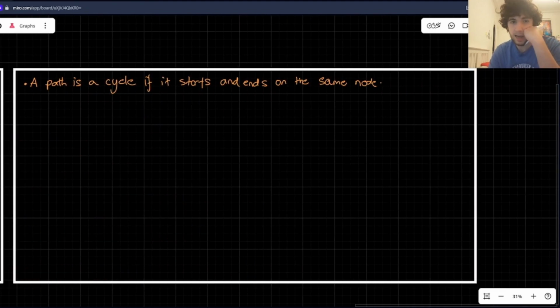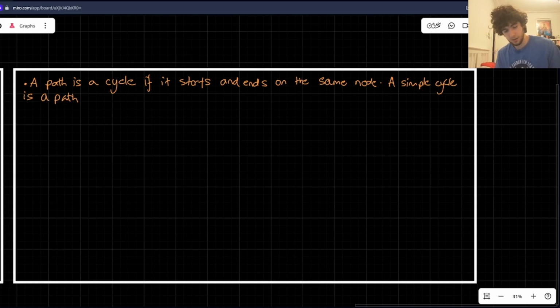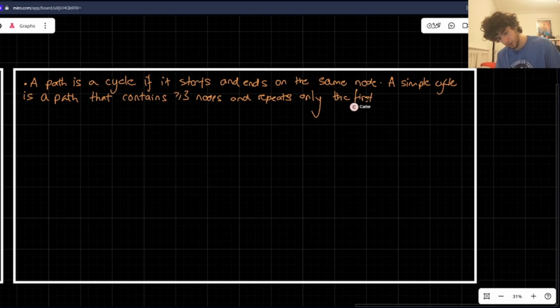And we can also define a simple cycle if we have effectively a cycle that contains a path that contains at least 3 nodes and repeats only the first and last one. So a simple cycle is effectively a path that contains greater than or equal to 3 nodes, okay, and repeats only the first and last ones, okay?